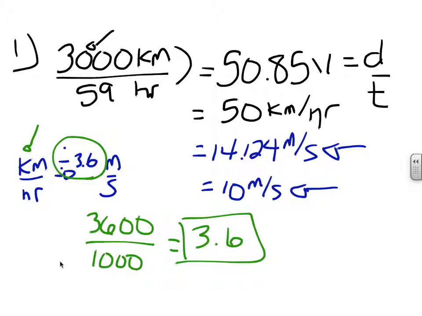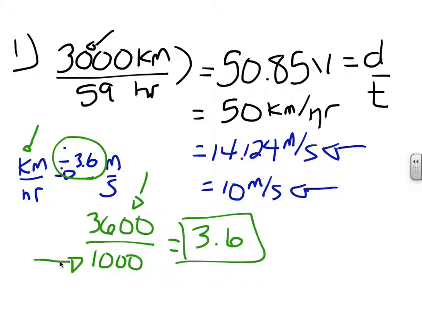Now, if you're worried about sig figs, there are no sig figs in 3.6 because this is a perfectly certain known number. Neither of these have any uncertainty in them. We have sig figs only because there is uncertainty. And of course, we know exactly how many seconds are in a minute and how many minutes are in an hour, because nobody gets a cheap minute that only has 58 seconds in it or something.